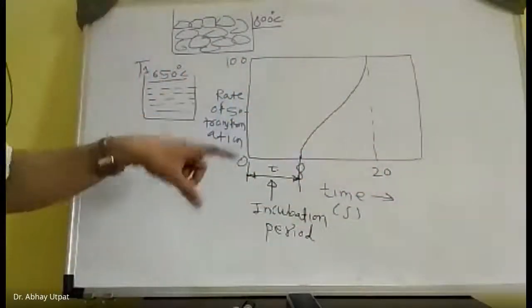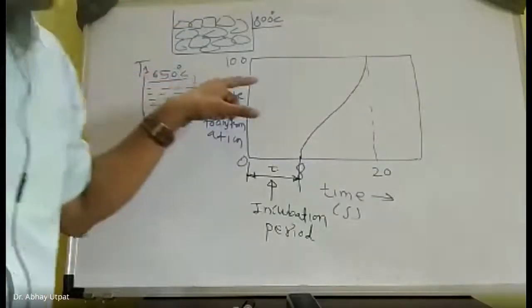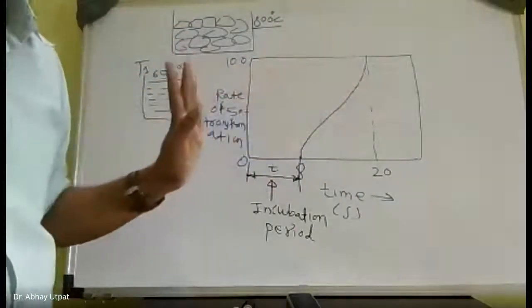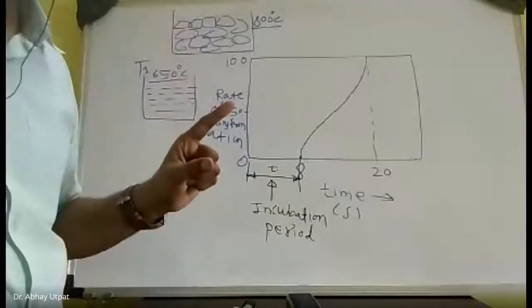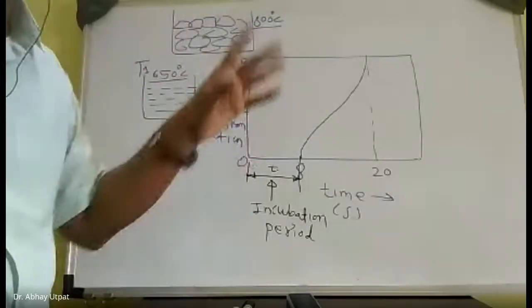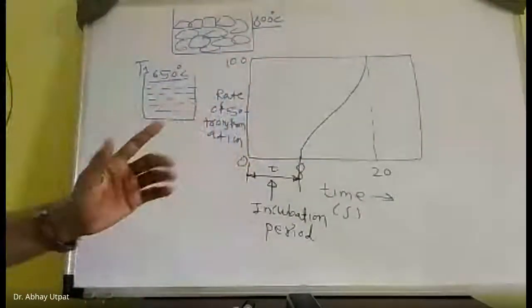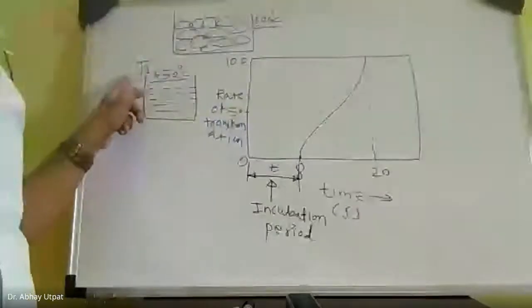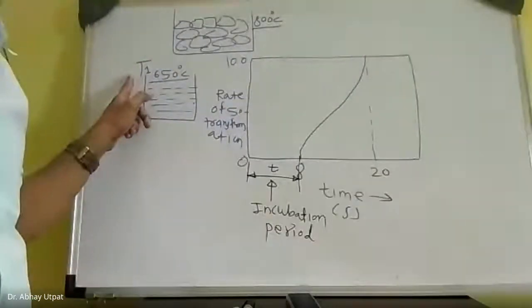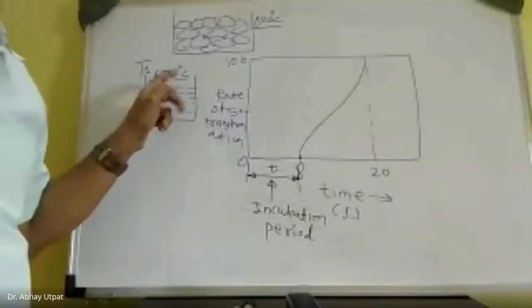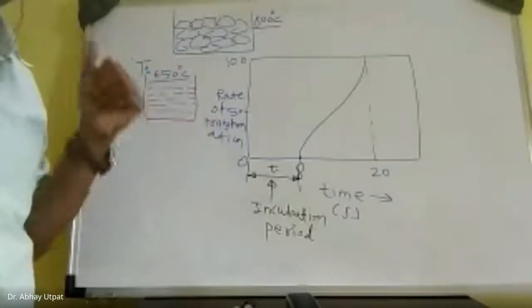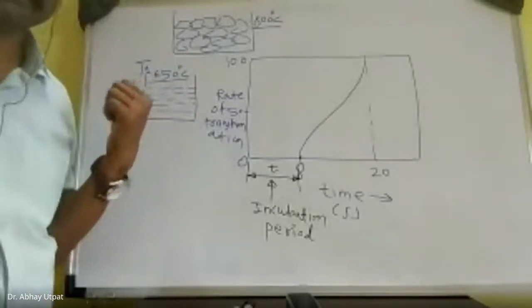Now this one experiment concluded with one graph. So in one experiment, we have carried out, I repeat once again, that is T1 is equal to constant. That is 650 degrees Celsius. Why is it called an IP diagram?